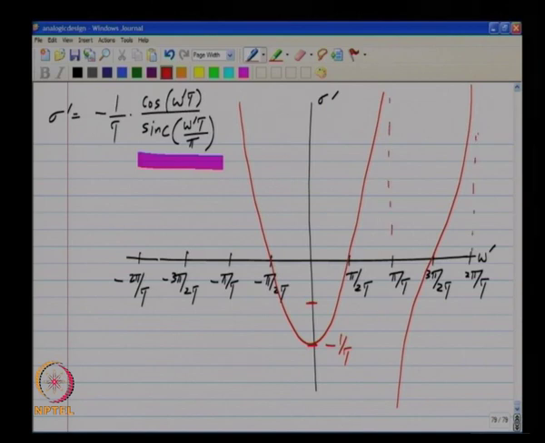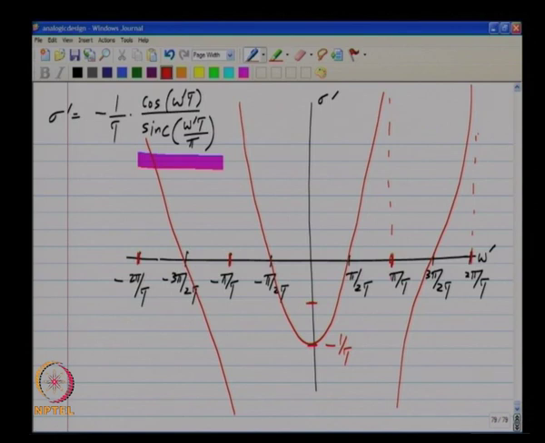Okay. And so on. So, there are discontinuities at minus pi by tau, minus 2 pi by tau, plus pi by tau, plus 2 pi by tau, and in general every integer multiple of pi by tau.